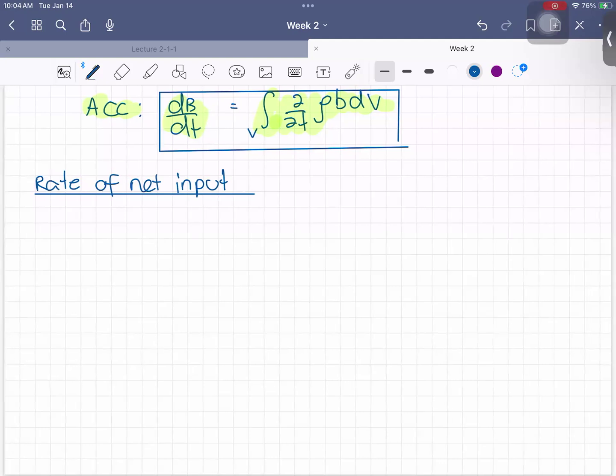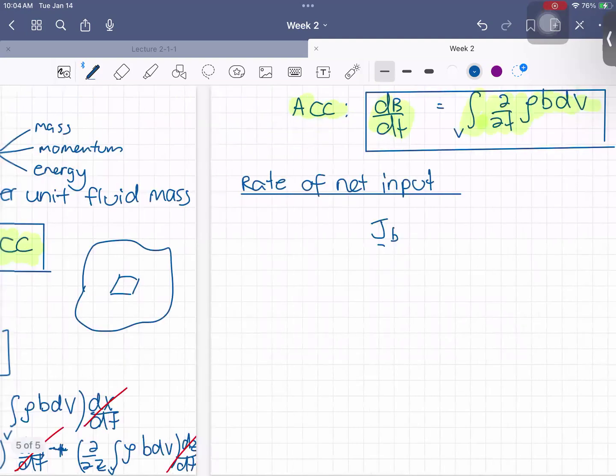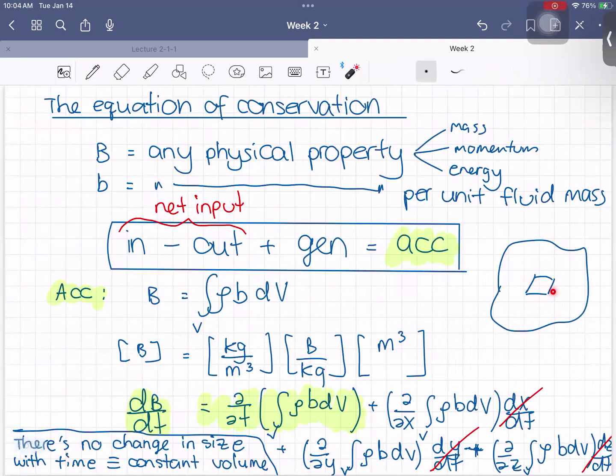So in this case, for the net input, I'm going to use the symbol JB. And the flux right here is also a vector because when you consider a small piece of your system right here, it can be in any direction. It can be going in or going out of this area, right?